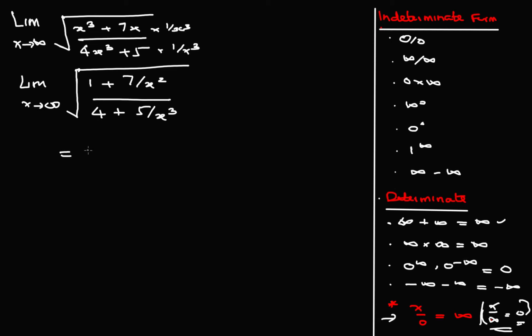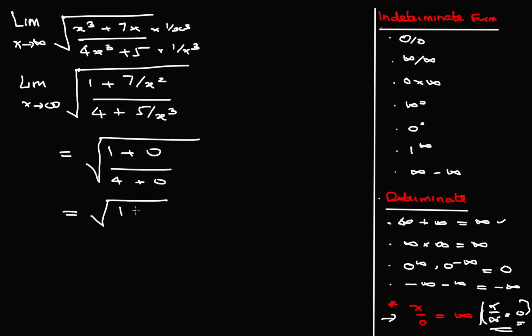We still have the radical sign. We'll have 1 plus this one, which we said gives us 0, and then this one will give us 4 plus 0. So this now becomes 1 over 4, which is 1 over 2. That'll be the limit.